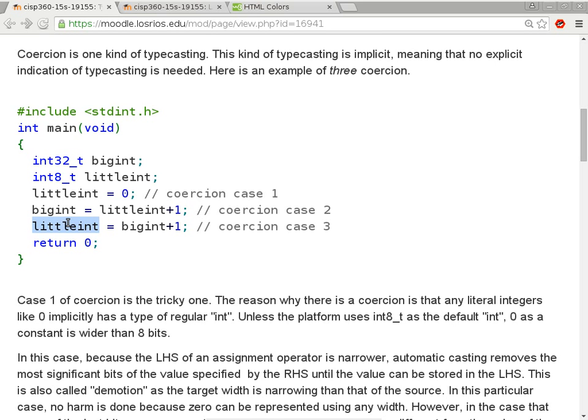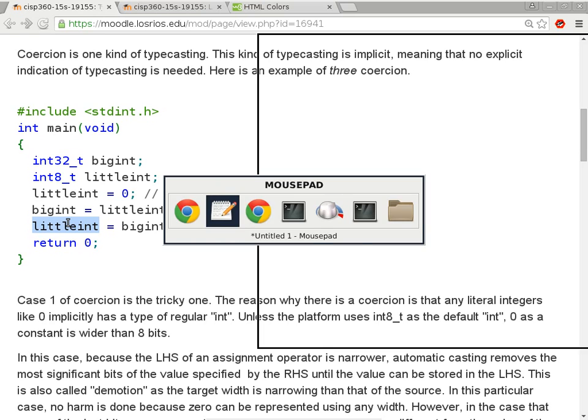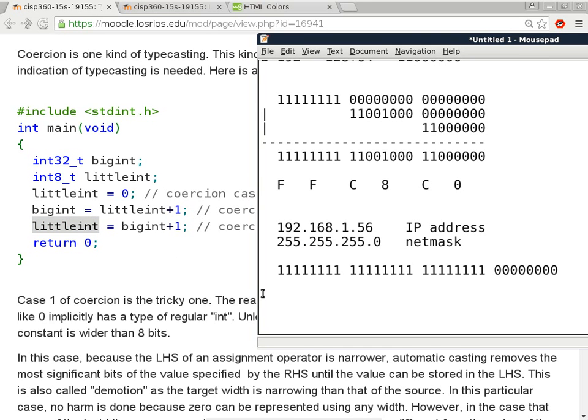Okay, so let's go ahead and take a look at a few examples related to typecasting issues. So let's say big int has a value of, I don't know, let's pick 487. Okay, that's base 10.